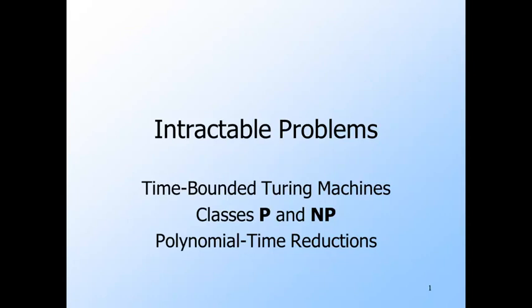We also meet the class NP, which is problems that can be solved by a Turing machine that is non-deterministic, but has a polynomial time bound along each branch. Finally, we'll learn about polynomial time reductions, which are reductions where the transducer runs in time that is polynomial in its input size. These are used to show one problem intractable by reducing a known intractable problem to it.